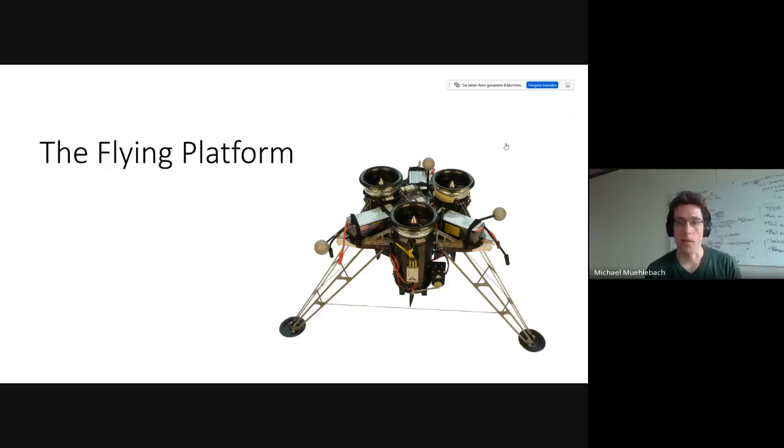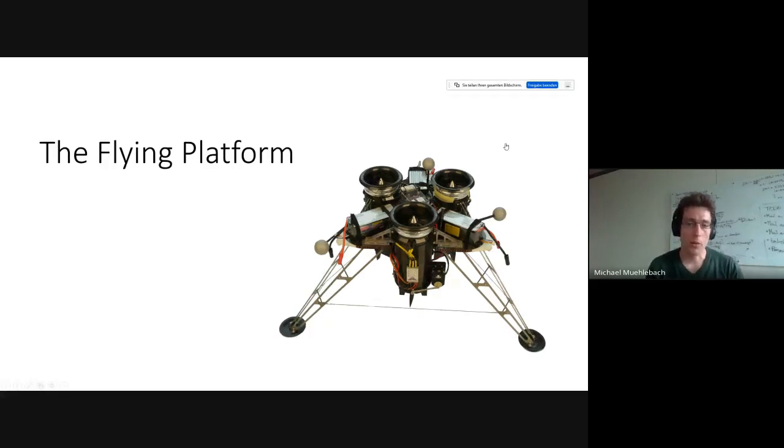I also designed this flying vehicle. So this flying vehicle has 3 electric ducted fans, and it's pretty heavy. It weighs about 8 kilograms, and it uses thrust vectoring for controlling the attitude. And the thrust vectoring is very limited because there are these control flaps here, but these can only be moved a certain amount.